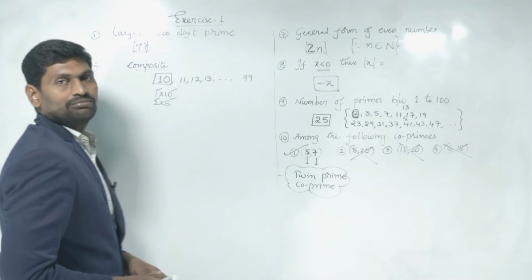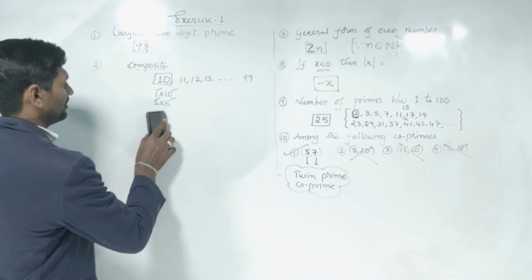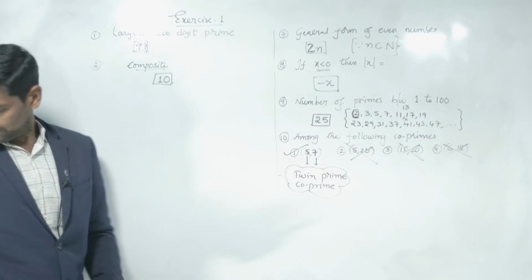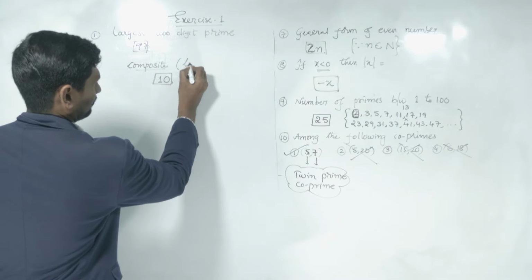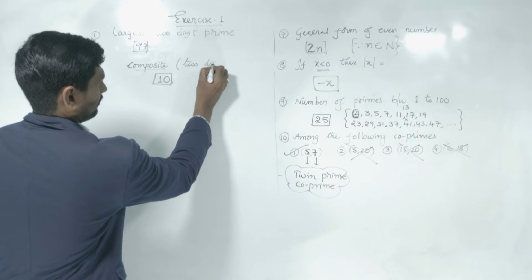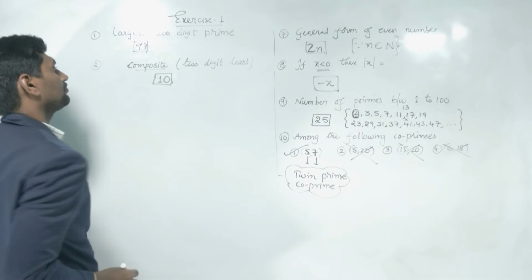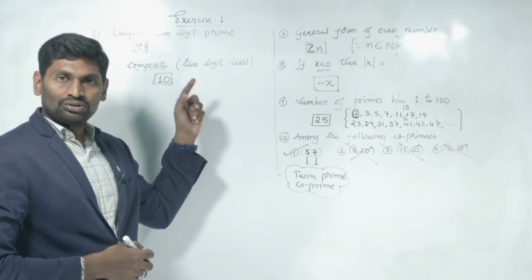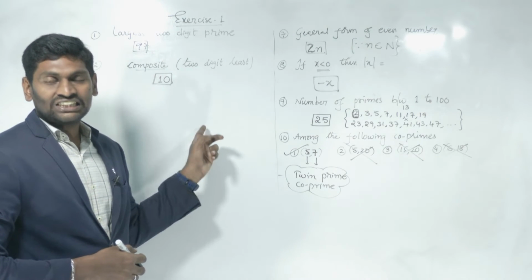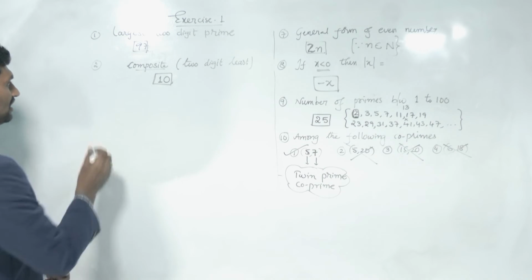So the least composite number is, very good, 10. Least 2-digit composite number. Least 2-digit number is also 10 only. Least 2-digit composite number is also 10 only.